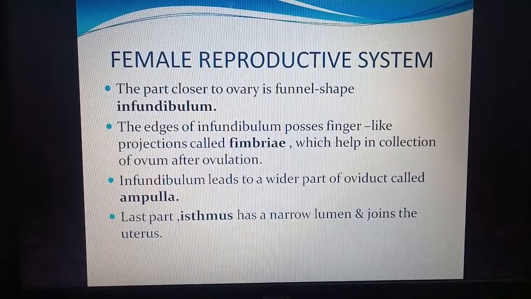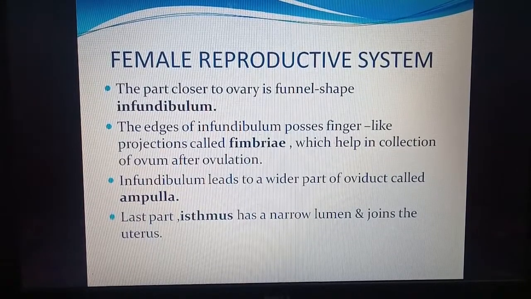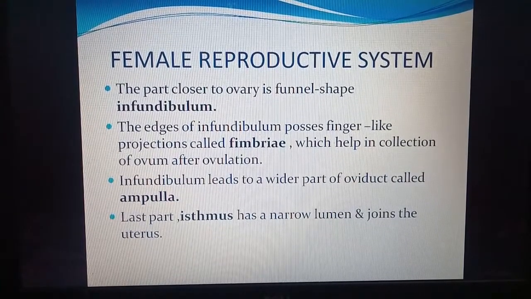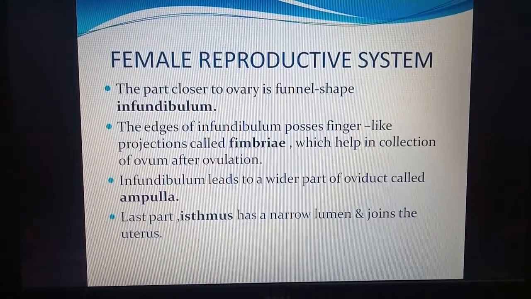The end of the tube which is closer to the ovary is funnel shaped or triangular and it is called infundibulum. The edges of the infundibulum have finger-like projections called fimbriae and they help in collection of the egg after ovulation. So when the ovary releases the egg, it is collected by the fimbriae.